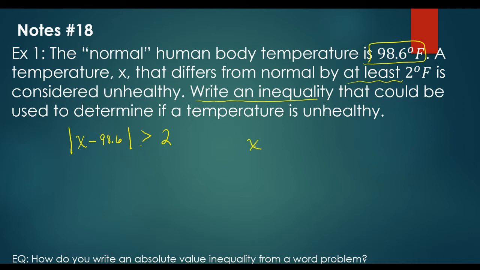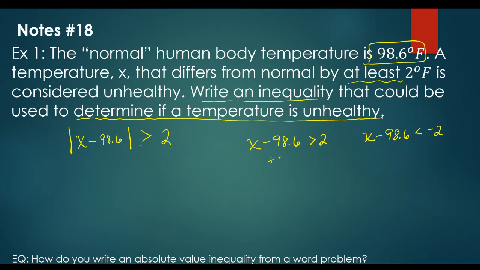So we're going to write it twice. And we're going to write it again, but this time flip the symbol, change to -2, and then you go ahead and solve. So we want to determine what temperatures are unhealthy, if the normal temperature for a human is 98.6.